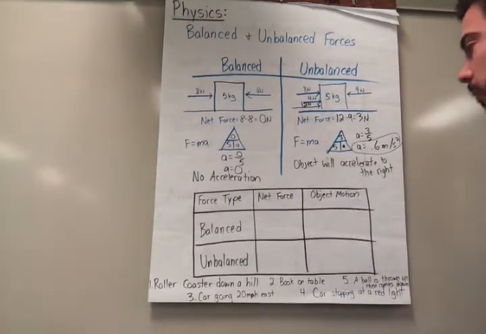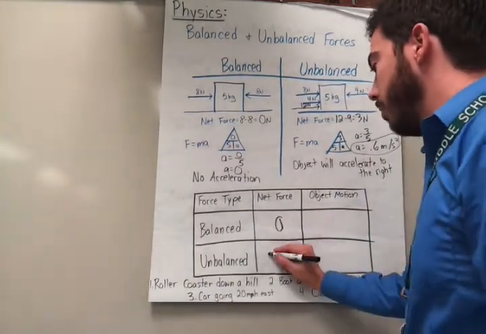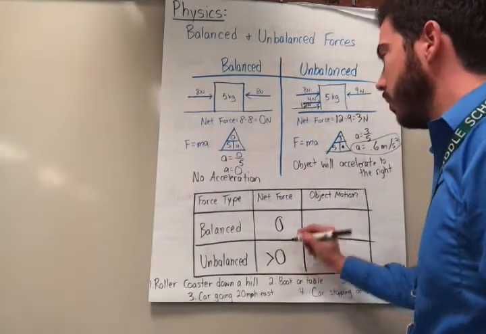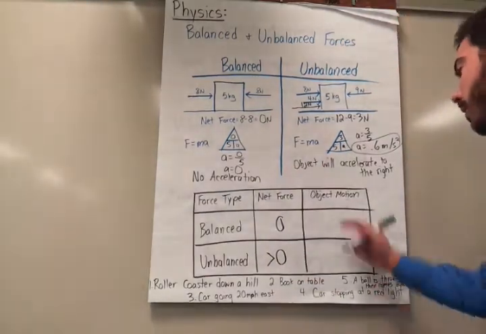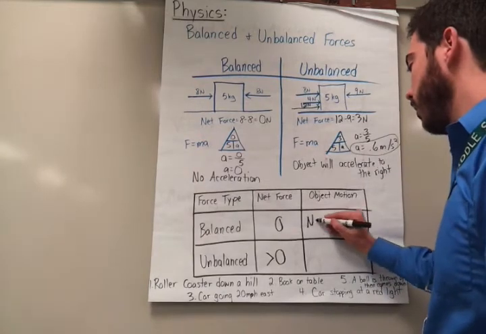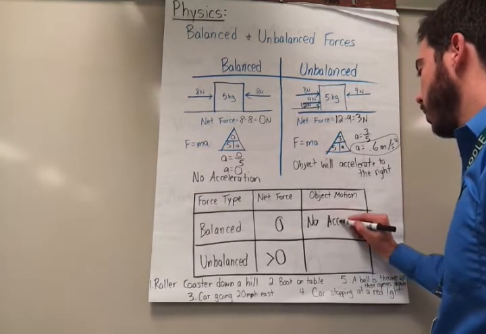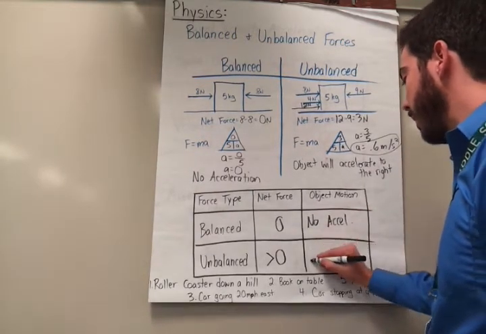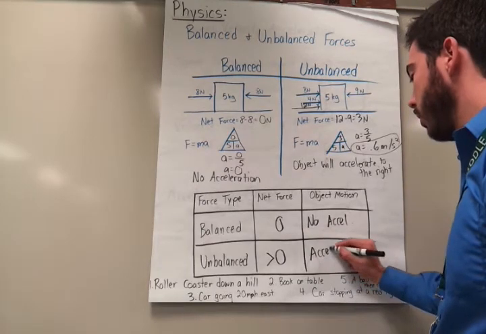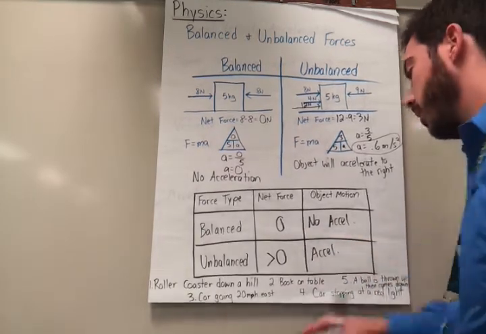Just balanced forces, we know net force is 0. Unbalanced is greater than 0, as we demonstrated above. Object motion, no acceleration. And we do have acceleration with unbalanced forces.